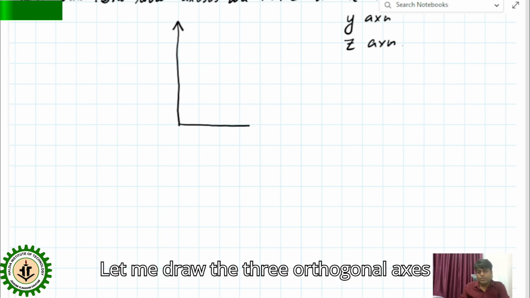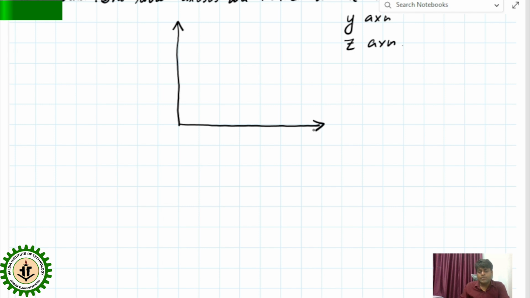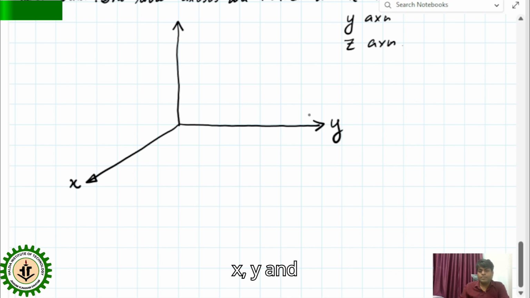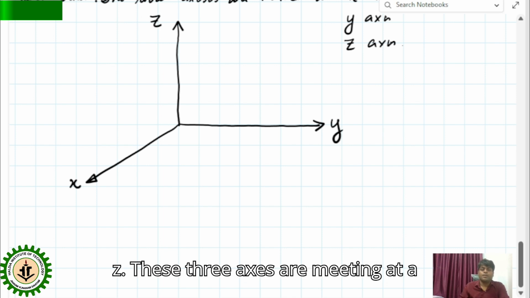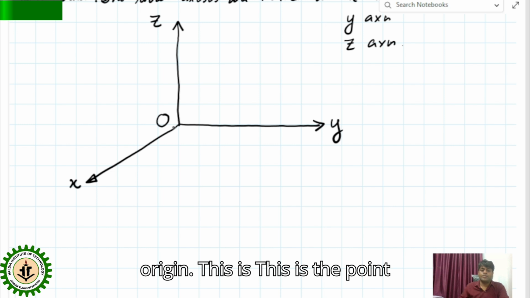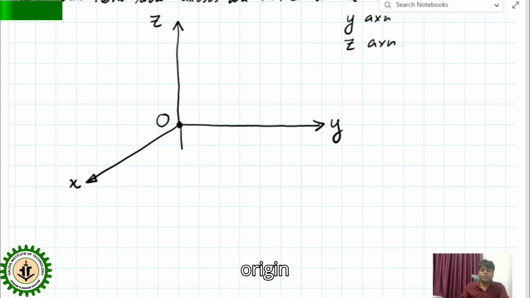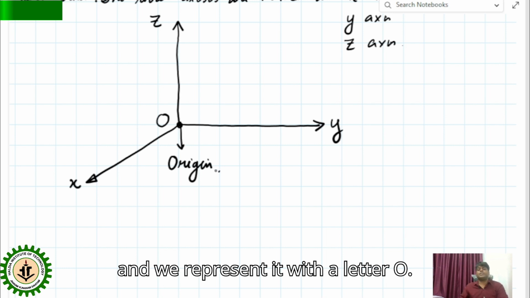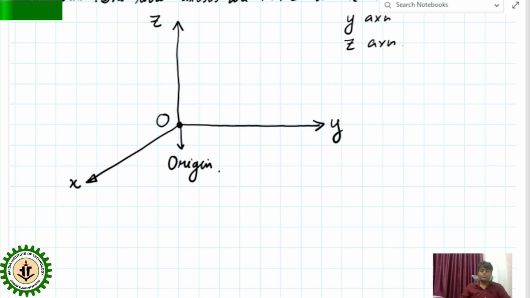Let me draw the three orthogonal axes. X, Y and Z. Okay. These three axes are meeting at a point, which will be called the origin. This is the point origin, and we represent it with the letter O.